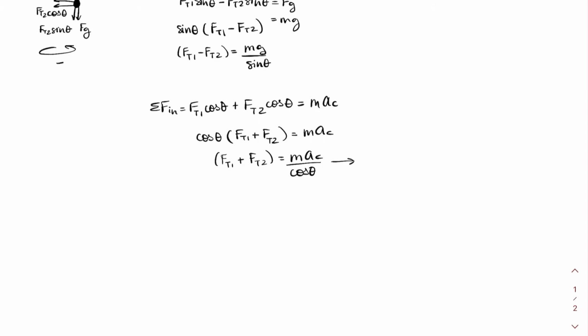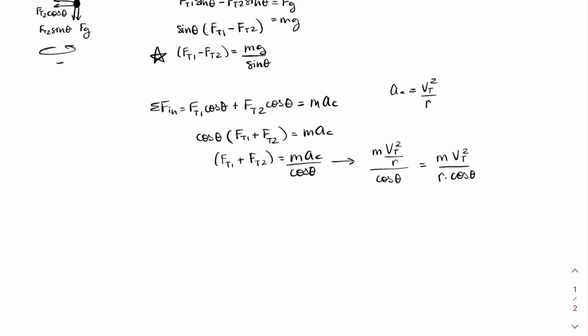Adding on to that, we know that centripetal acceleration equals velocity tangential squared over radius. So we can plug that in, and we're left with mass times velocity tangential squared over r times cosine of theta.